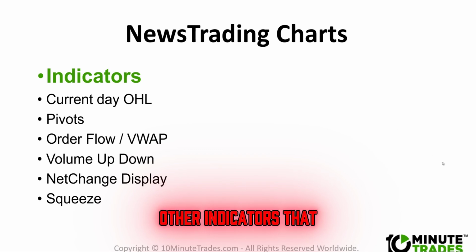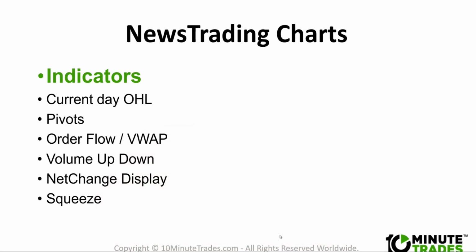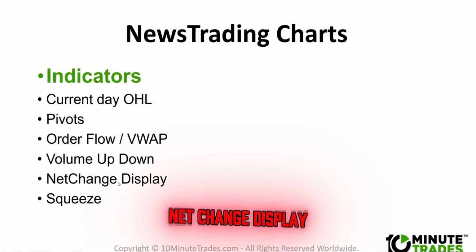Other indicators that are critically important: the squeeze, the net change display, and then you should have volume also on all your charts. To set up your charts exactly like ours is actually very easy, and it only takes about 15 or 20 minutes, tops.